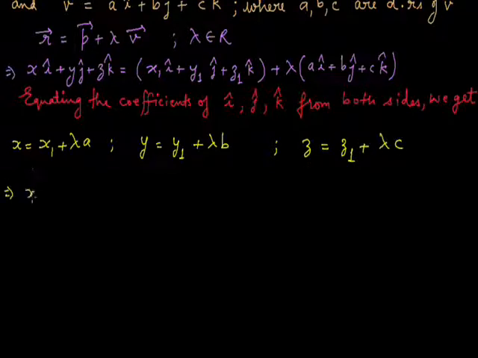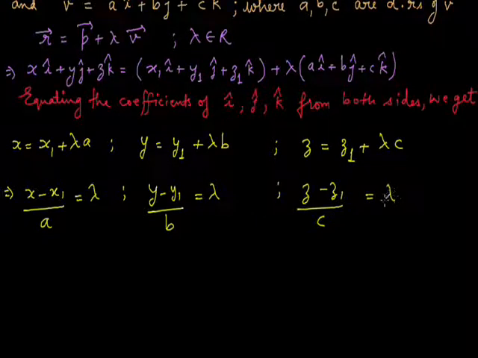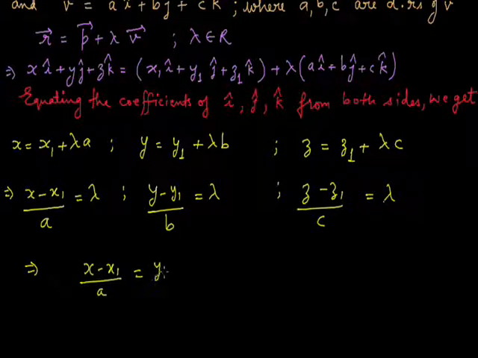So from here you can get (x minus x1) upon a equals lambda, (y minus y1) upon b equals lambda, and (z minus z1) upon c equals lambda. Since the RHS are equal, we can equate the LHS parts. So we get (x minus x1) upon a equals (y minus y1) upon b equals (z minus z1) upon c.